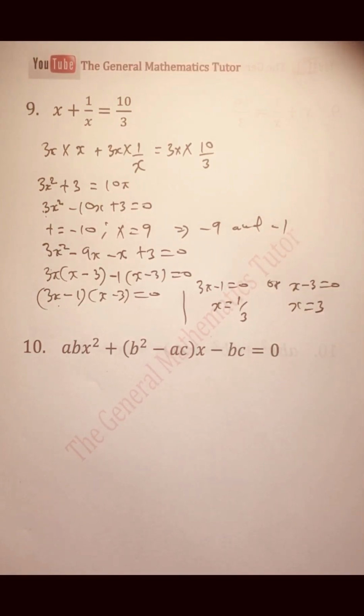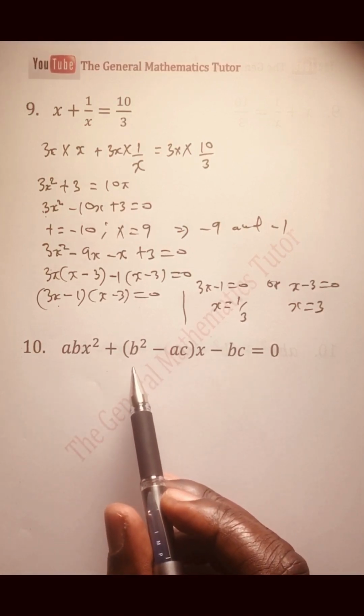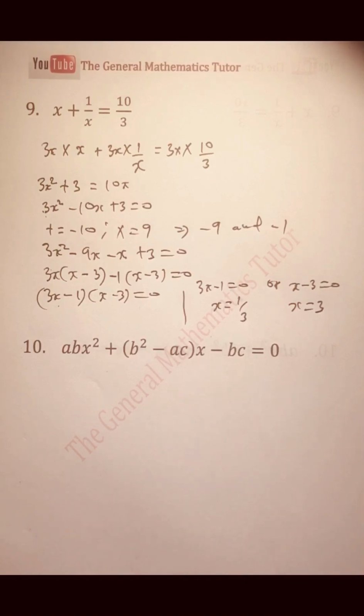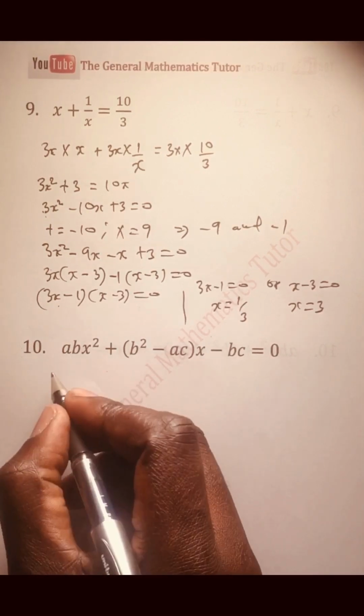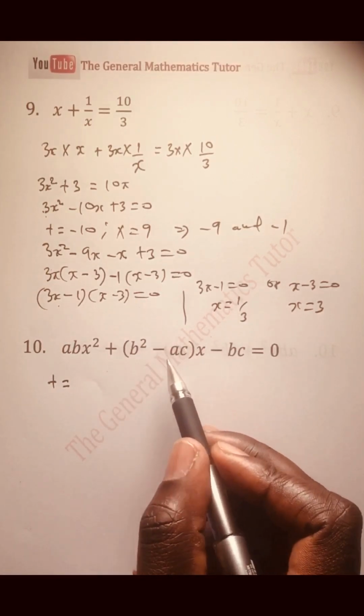Number 10, abx squared plus in bracket b squared minus ac x minus bc is equal to 0. So this particular quadratic equation is already in the standard form. So all we need to do is get two numbers whose sum is the same as b, and b is normally the coefficient of x.